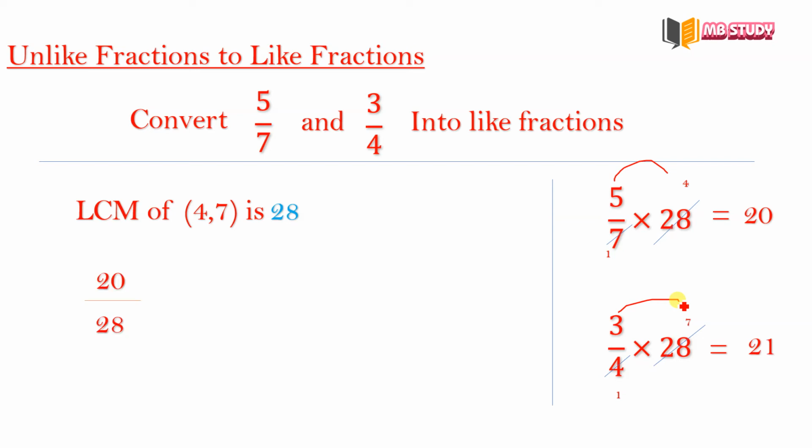So now the fractions are 20/28 and 21/28. In the given fractions, the first denominator was 7 and the second was 4, so they were not equal. But now the two denominators are equal, 28 and 28. This is the LCM. Now the unlike fractions are converted into like fractions.